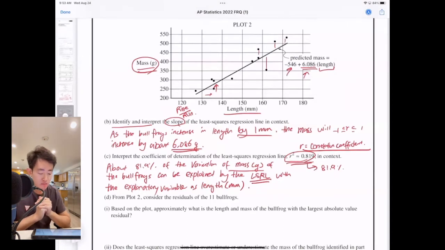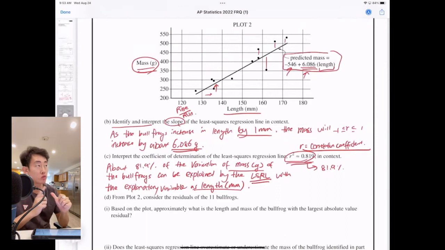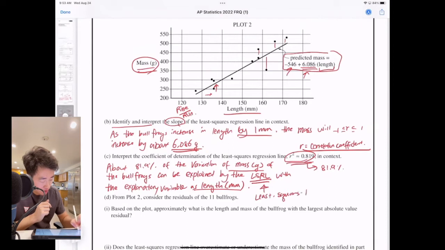About 81.9% of the variation, however, can be explained as best as it could with the linear equation that's provided above, with the explanatory variable as length. We need to clearly state that. So the response and the explanatory variable are clearly stated, and also the mention of the LSRL, least squares regression line.